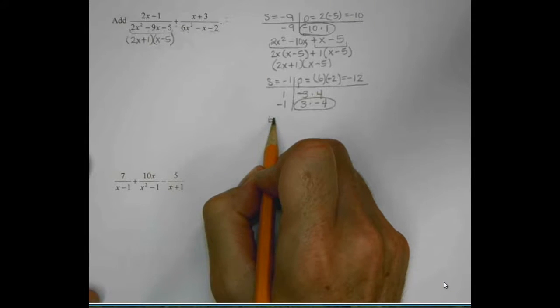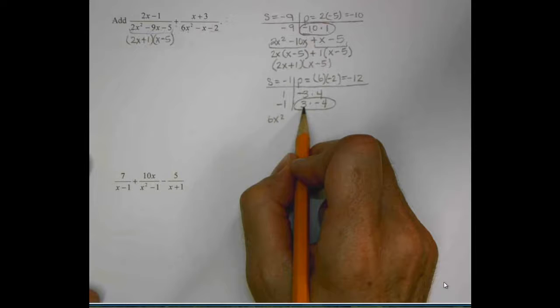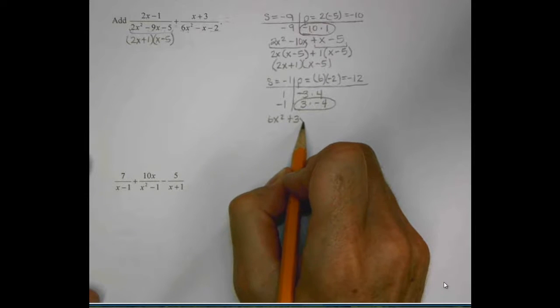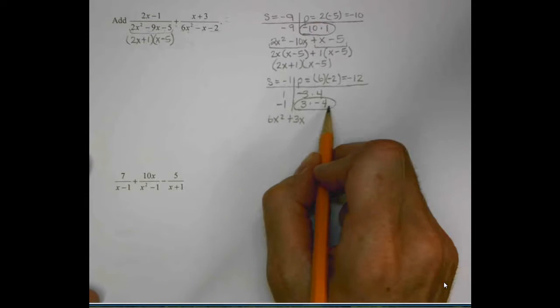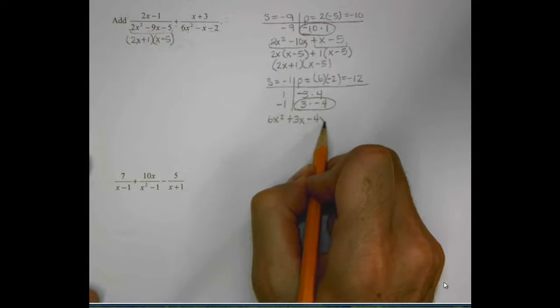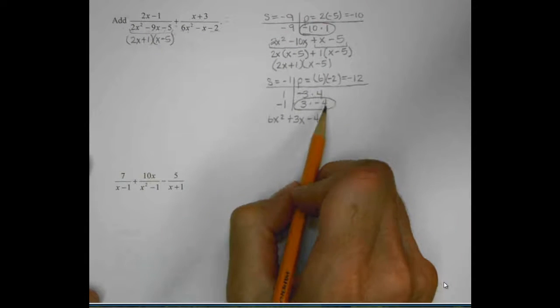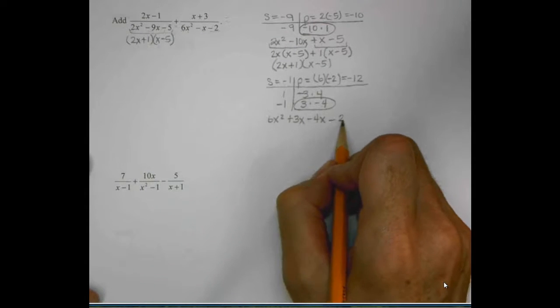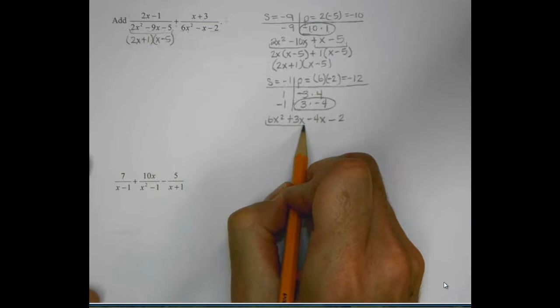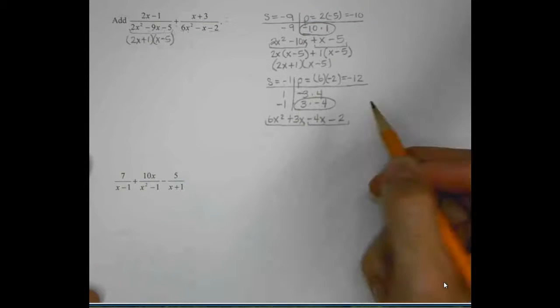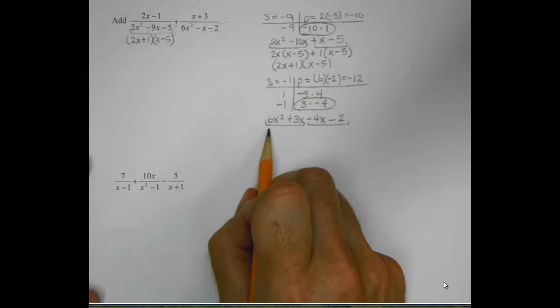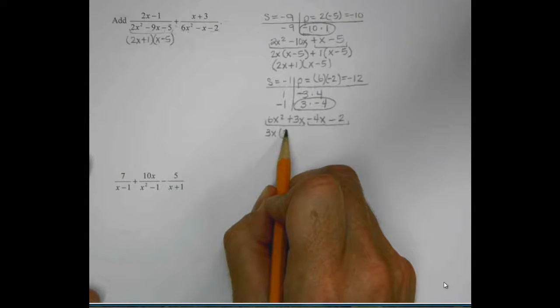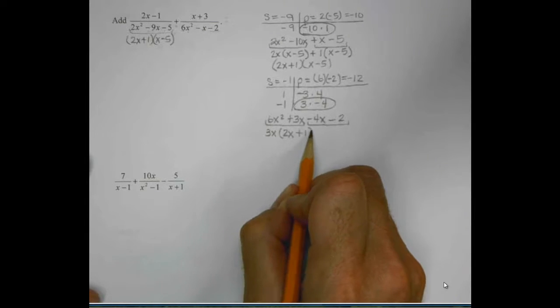So I'll have 6x squared, and then I can do plus 3x for that +3 right here, and then minus 4x for the -4 right here, and then minus 2. Now I'm doing factor by grouping. My first two, I can pull out a 3x, and I have left 2x plus 1.